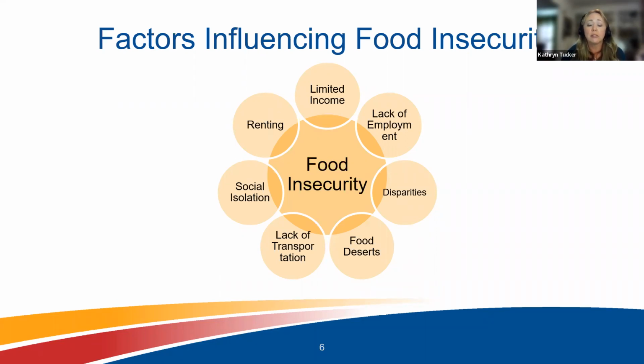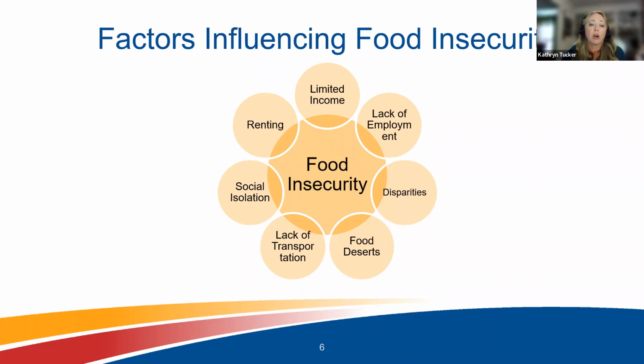LGBTQ communities are facing food insecurity as their poverty rate is higher than the national average. Older women are more likely to identify as food insecure compared to older men, and widowed women often live years with limited finances. And older adults, divorced or never married, were also more likely to experience food insecurity.